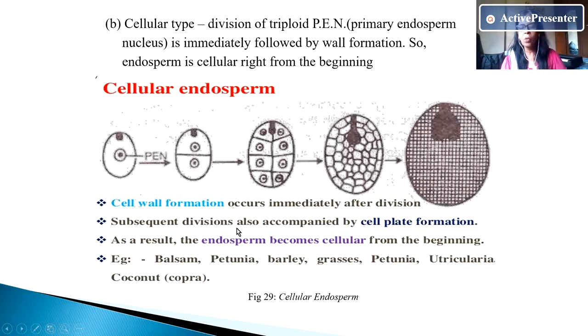Subsequent divisions are also accompanied by cell plate formation. As a result, the endosperm becomes cellular from the beginning. Examples: balsam, petunia, barley, grasses, Utricularia, and coconut, that is copra, we can say. Cellular endosperms.